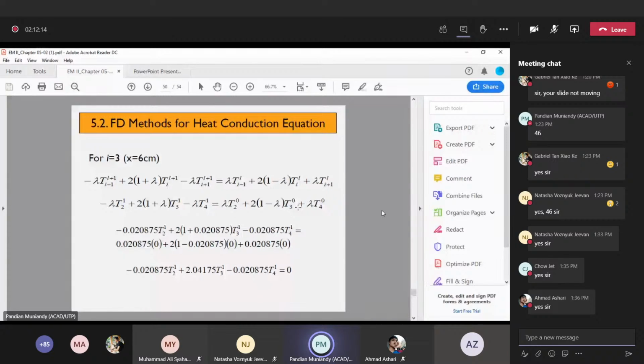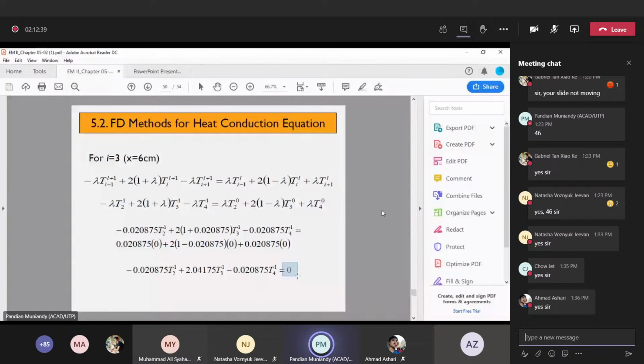So T2, T3, T4 are all left hand side. And the right hand side is minus lambda T02, 0 plus 2, 1 minus lambda T30, 0 again, T40, 0 again. Therefore, right hand side is 0. So you have this equation.